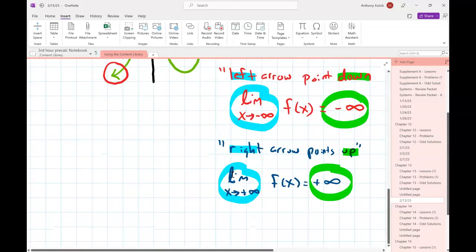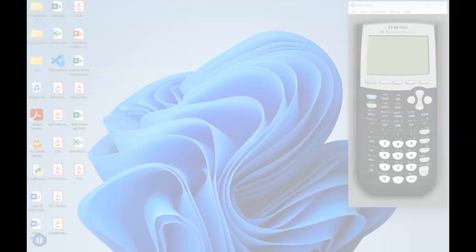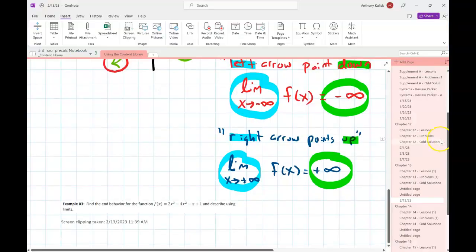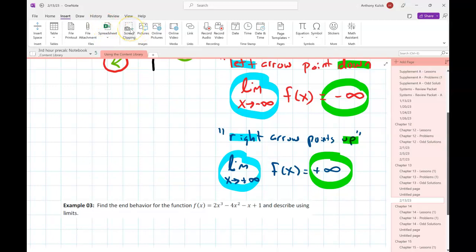Let's say that we have this function, and we want to describe it using a limit.